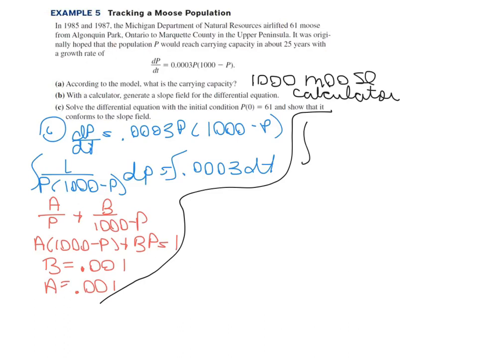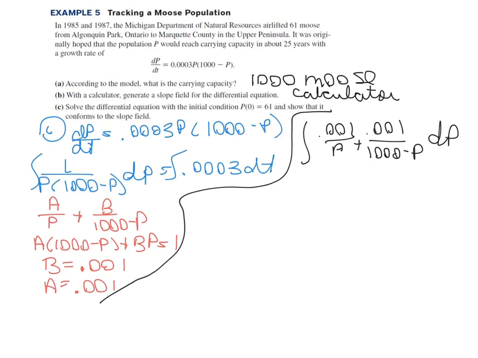I've got the integral of 0.001 over p plus 0.001 over 1,000 minus p, dp, and I end up with 0.001 natural log of p minus, because remember you had to take the derivative of this and it's a negative p, so minus 0.001 natural log of 1,000 minus p.